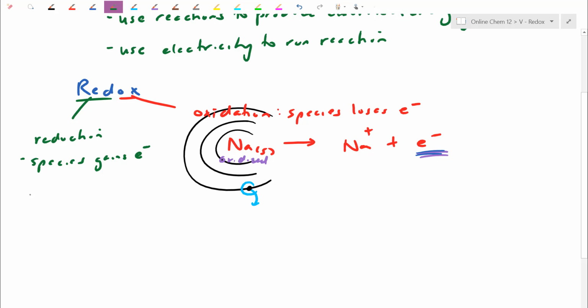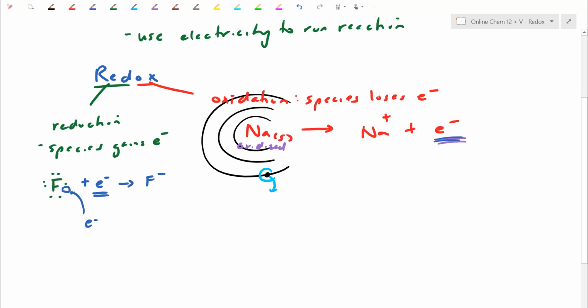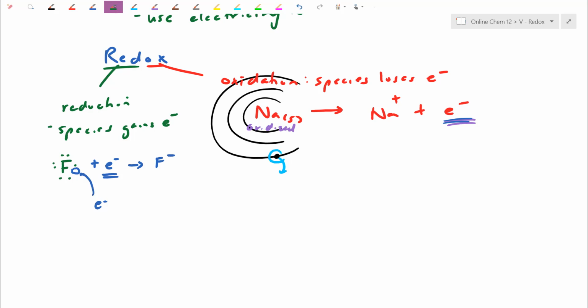For example, fluorine has 7 valence electrons. If someone is willing to give it an electron, that electron can fill up that last spot, and then we have a full noble gas configuration. So a fluorine grabs an electron, becoming fluoride. Electrons on the left hand side means a reduction, and it's always the reactant that we talk about. The reactant is the thing that has been reduced.